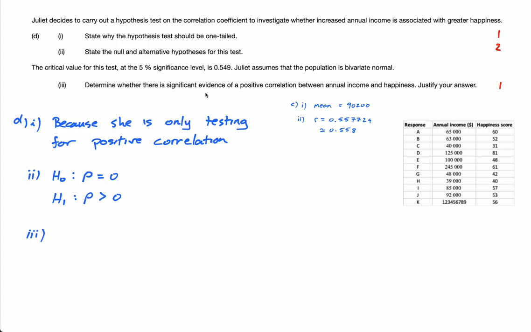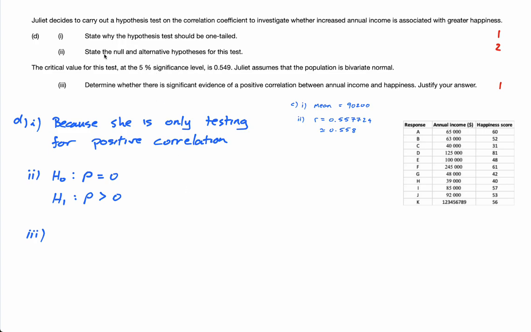Determine whether there is significant evidence of a positive correlation between annual income and happiness, and justify your answer. So they give us the 5% significance level, but because this is only 1 mark, normally, guys, for a test like this, you'd expect 2 marks because you find the p-value and then you say the p-value is less than this and you reject or whatever.